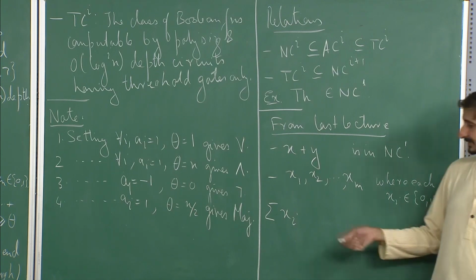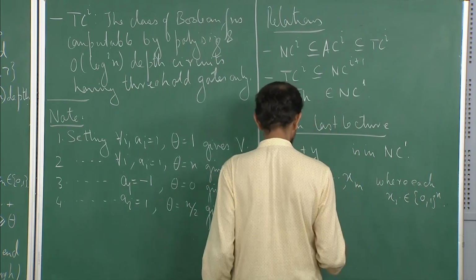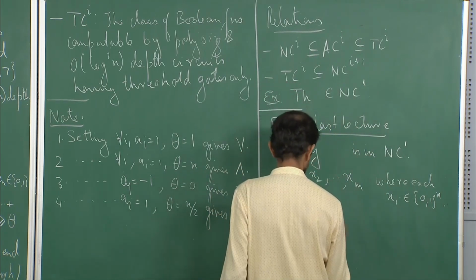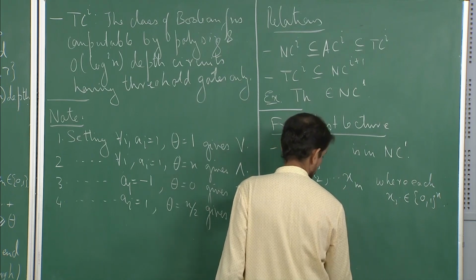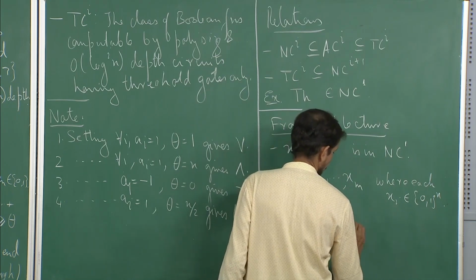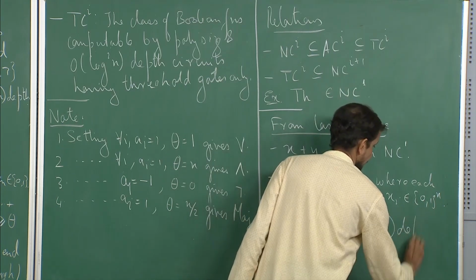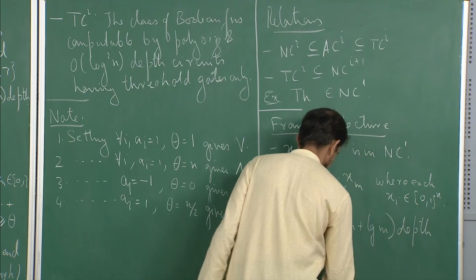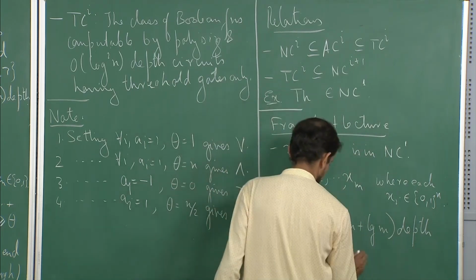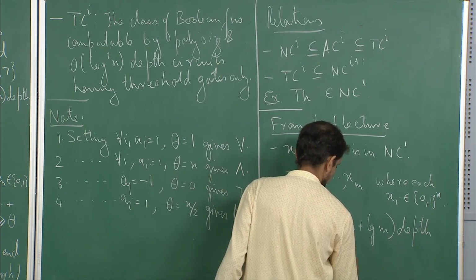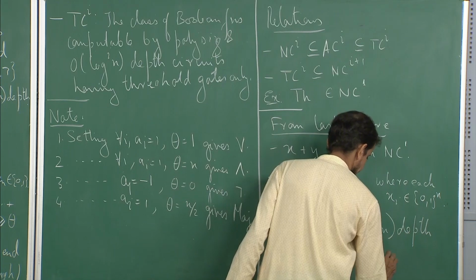What we said last time is that this can be done by a circuit which has order of log n plus log m depth, and how much was the size? Order mn log n. So this is what we said last time.